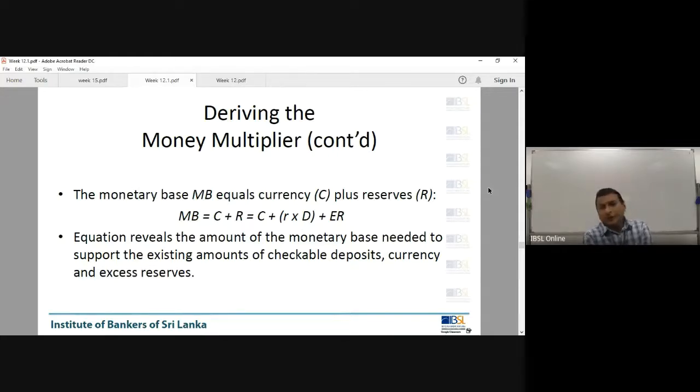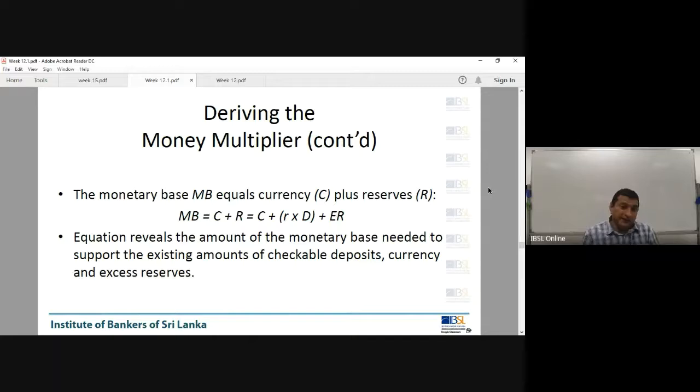Then you already know about the monetary base, which is nothing but currency plus reserves, C plus R. And now you know what R is. You learned in the previous slide.